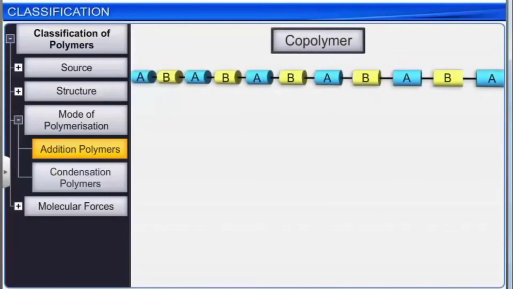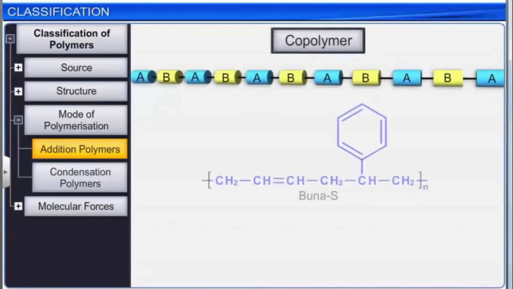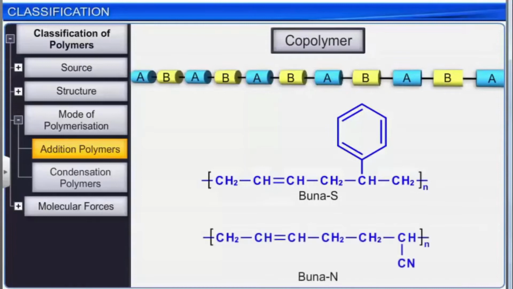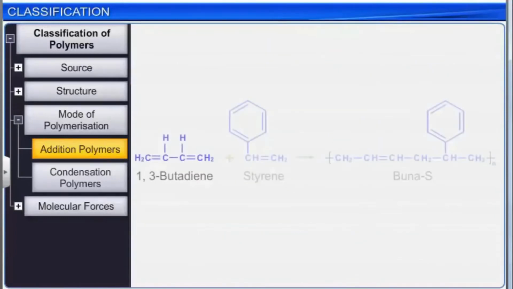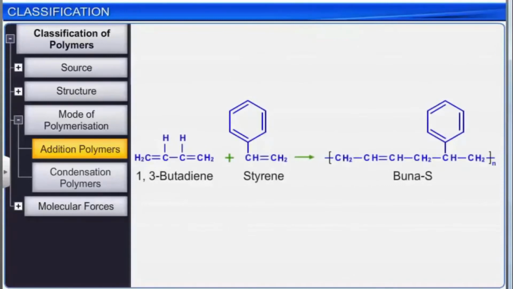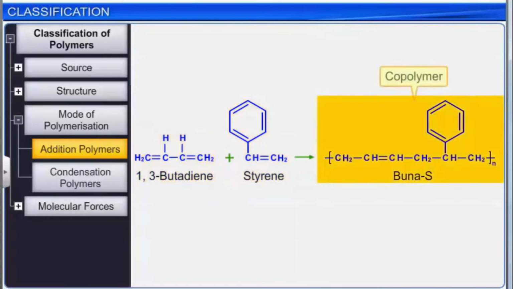Two important examples of copolymers are Buna S and Buna N. The general scheme for the addition reaction for Buna S is shown here. 1,3-butadiene and styrene combine to form a butadiene-styrene copolymer.